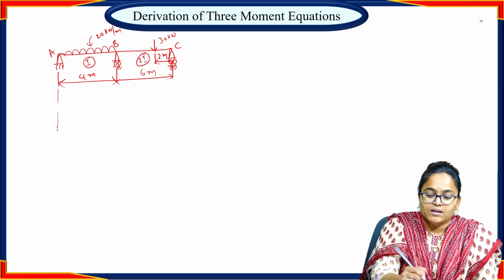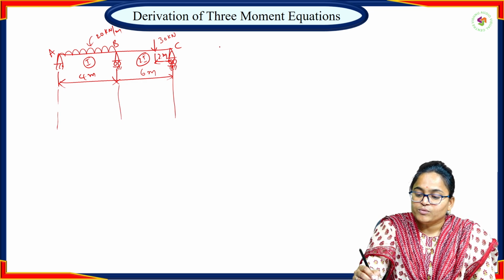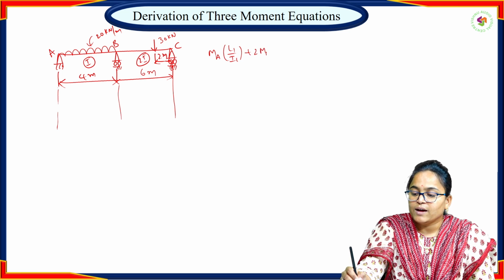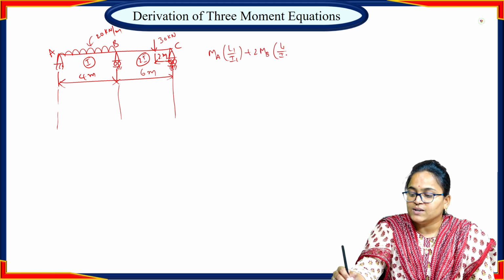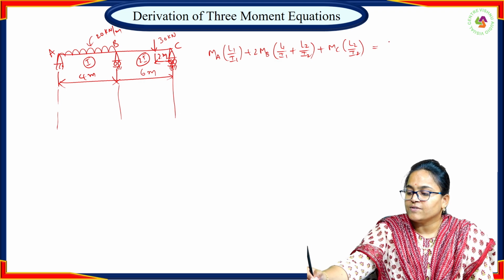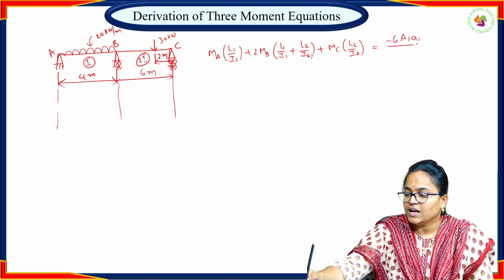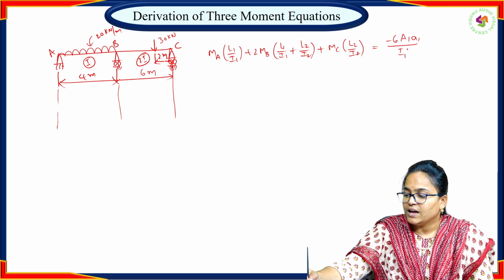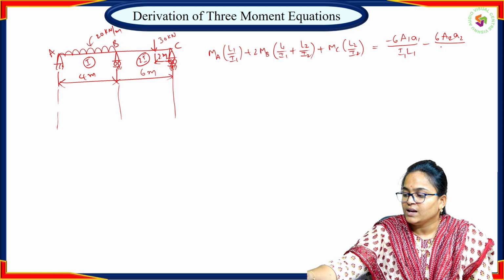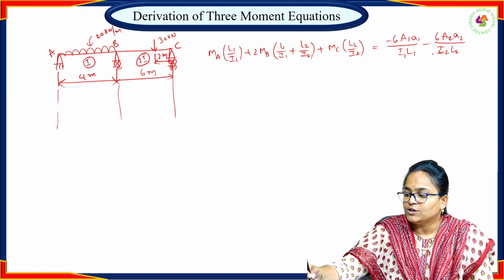Now we know the three moment equation for a two span continuous beam, that is MA into L1 by I1 plus 2MB into L1 by I1 plus L2 by I2 plus MC into L2 by I2 is equal to minus 6A1 by I1 L1 minus 6A2 by I2 L2.